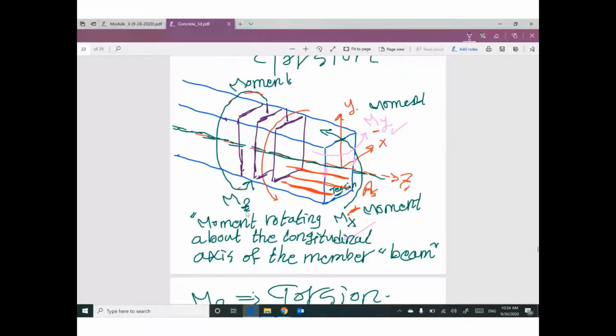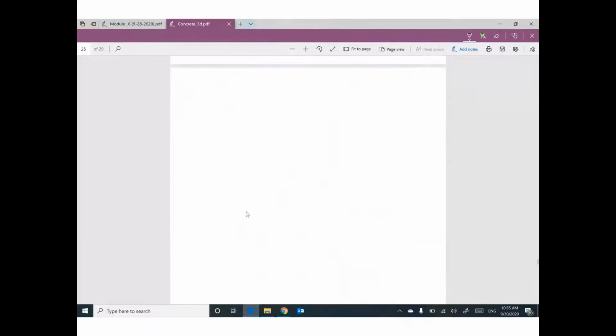Guys, we have 3 types of moments based on the direction or the axis of rotation. By the way, I will not say that mx and my are normal moments and mz is always torsion. I will not say this.